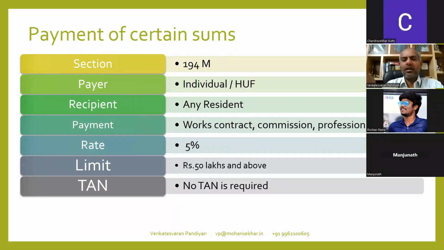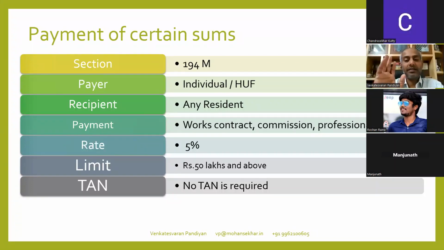I have nothing to do with business. Whenever the payment to these professional people, a contractor, or a commission paid for purchase of an immovable property exceeds 50 lakhs in a year, then 5% TDS is deducted. Again, in this case, TAN is not required.